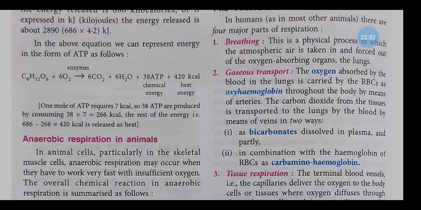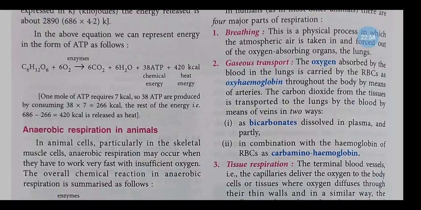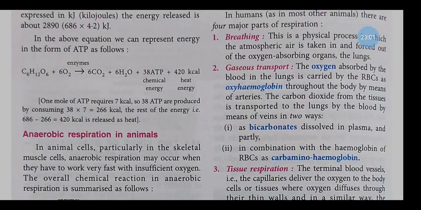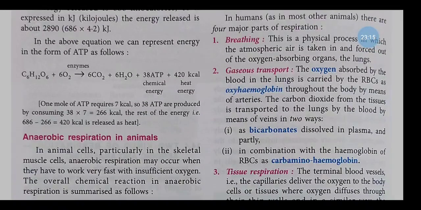Second is gaseous transport. The oxygen absorbed by the blood in the lungs is carried by the RBC as oxyhemoglobin throughout the body by means of arteries. The carbon dioxide from the tissue is transported to the lungs by the blood by means of veins in 2 ways. The air we inhale contains oxygen. That oxygen is absorbed by hemoglobin to form oxyhemoglobin, which is transported to all parts of the body by the arteries.